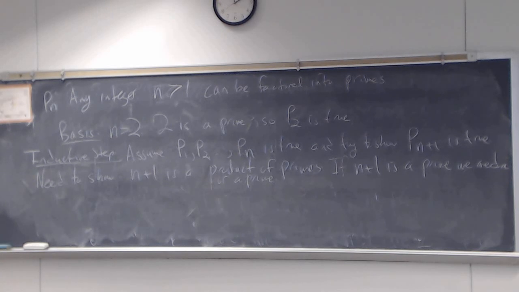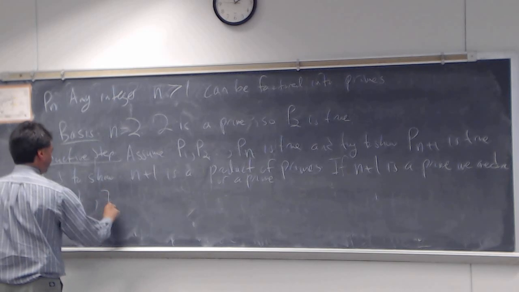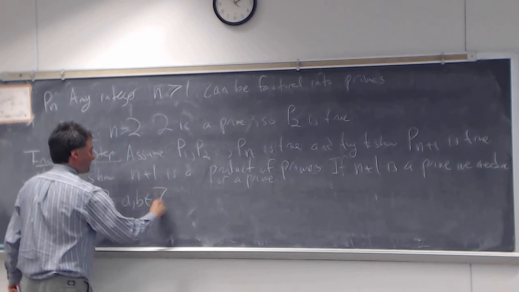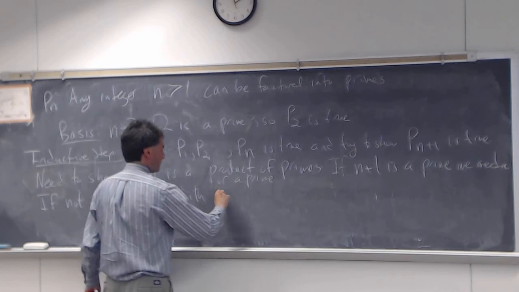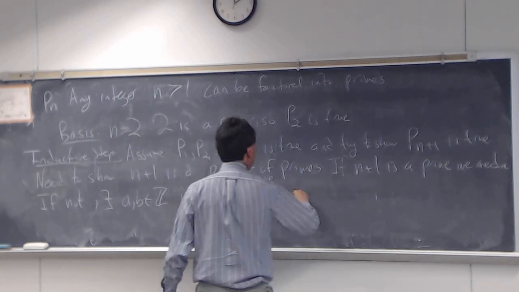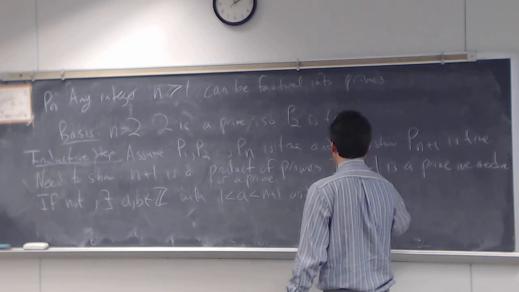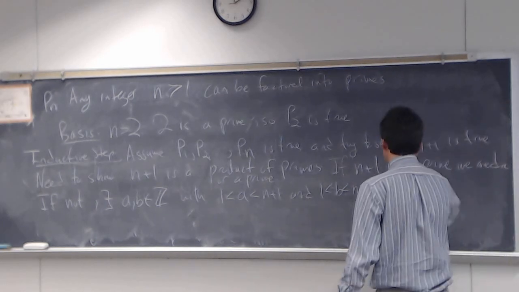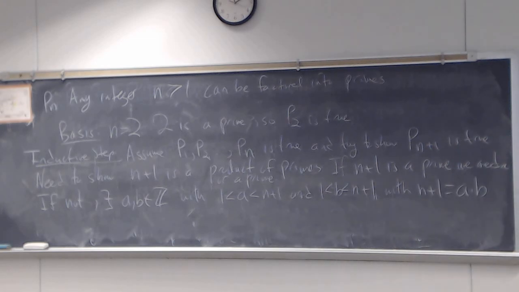What if it's not a prime? If not, then there have to be integers a and b that are both strictly less than n plus 1 and strictly greater than 1, with n plus 1 a product of a and b.